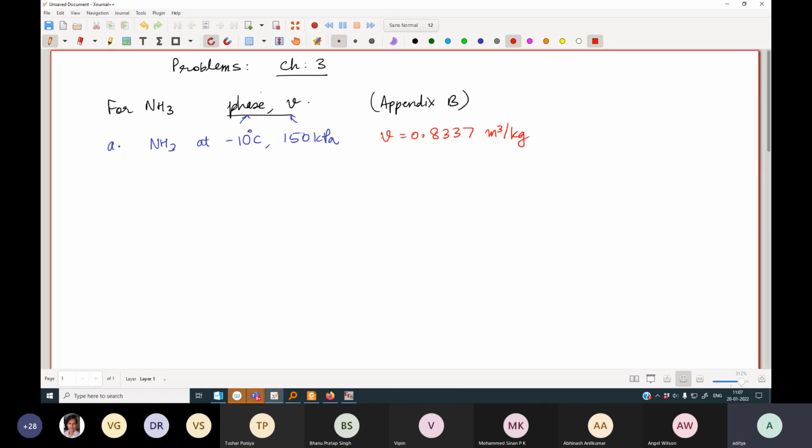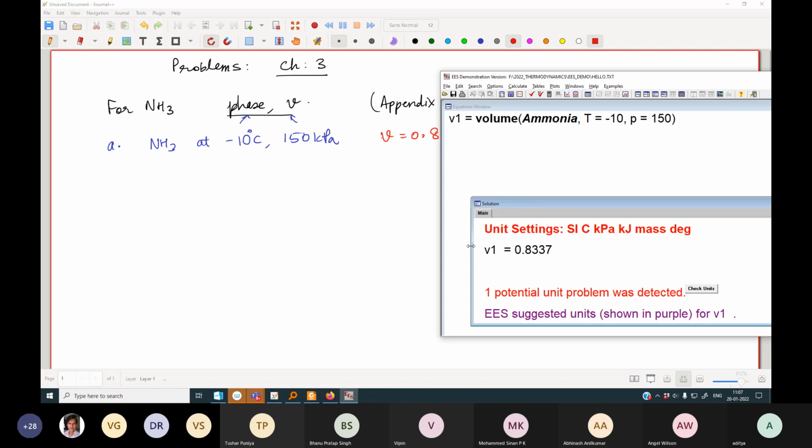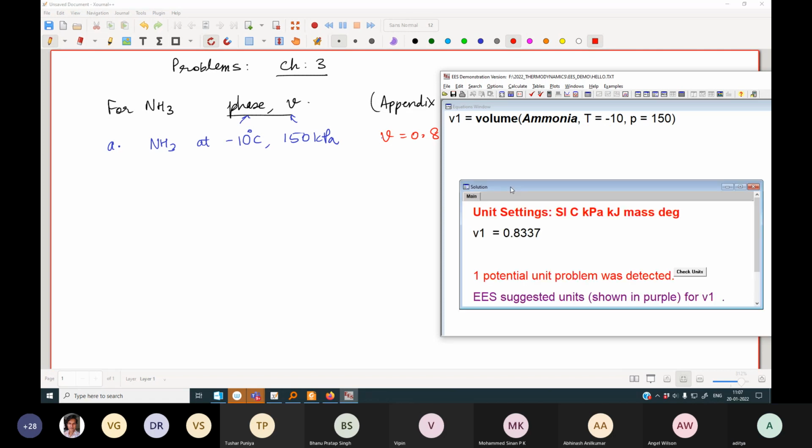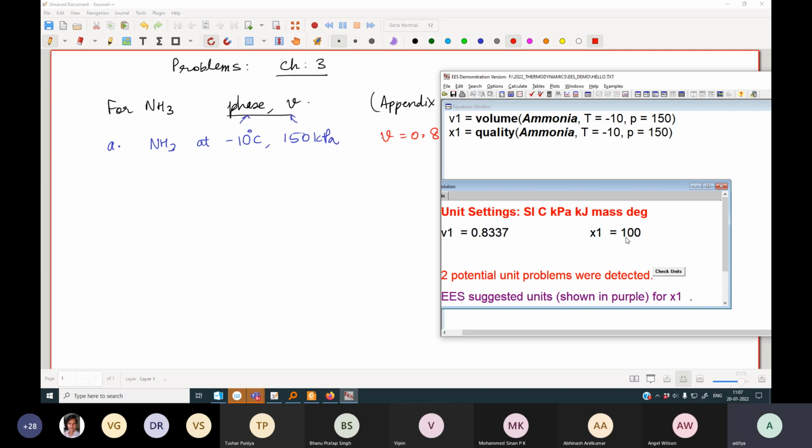And now we also want to know the phase. So how do you figure out the phase from the software? We simply fetch the quality and then we can copy paste. When we run the file, we find the quality is 100. So quality of 100 obviously is not possible.